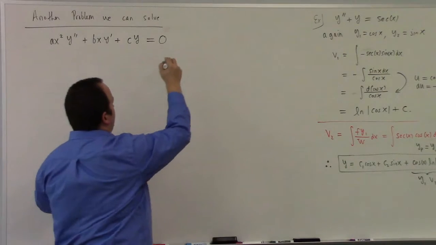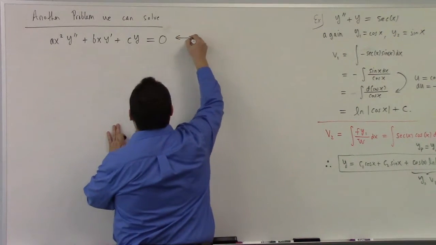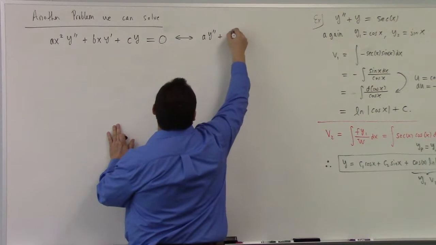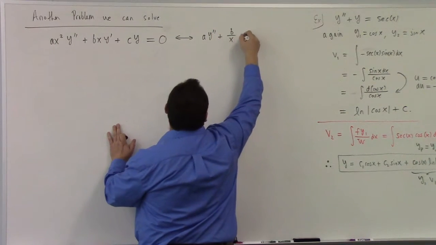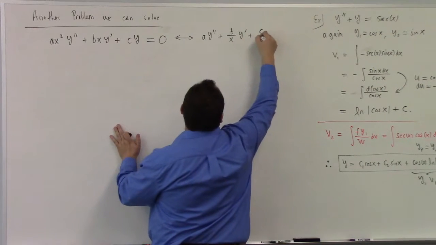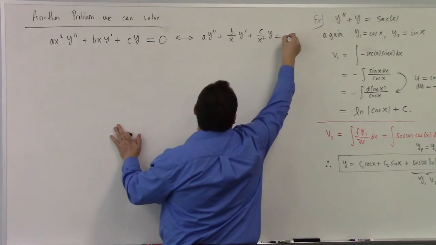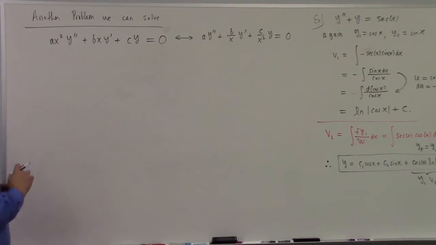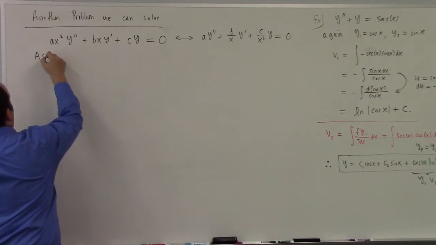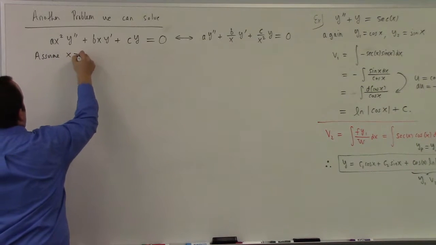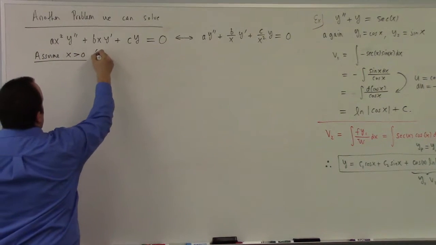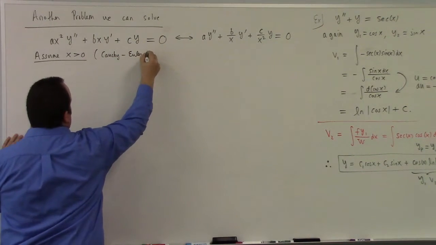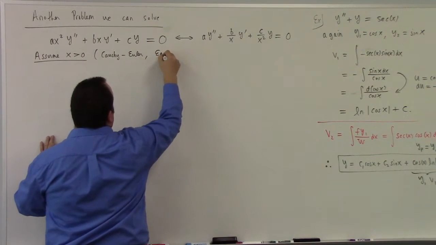Now sometimes this is also written as a y prime prime plus b over x y prime plus c over x squared y equals 0. Those are essentially the same problems. For the moment, we're going to assume that x is greater than 0. This is what's known as a Cauchy-Euler problem, or sometimes equidimensional.